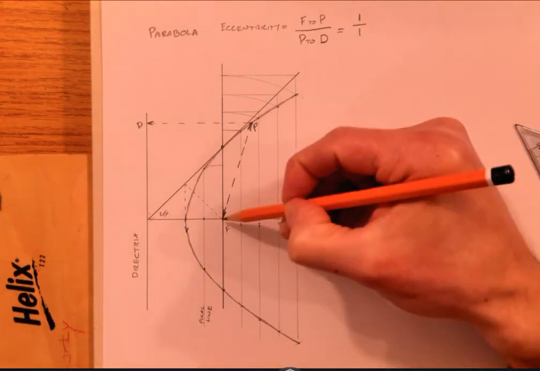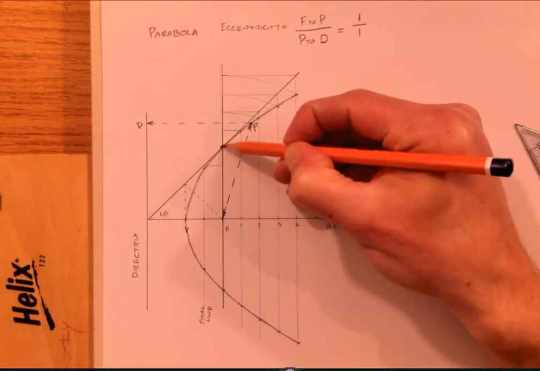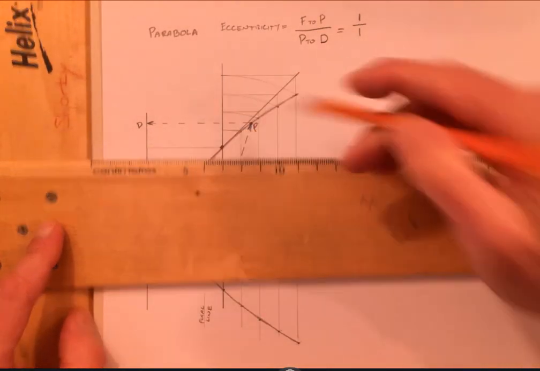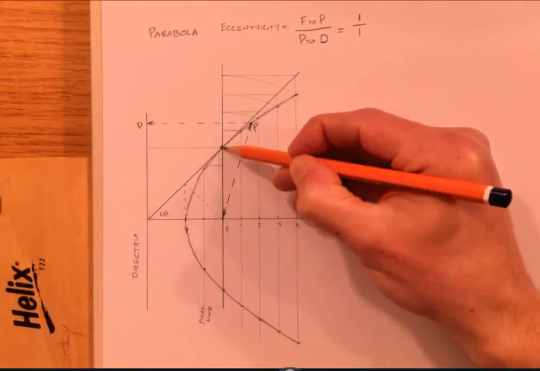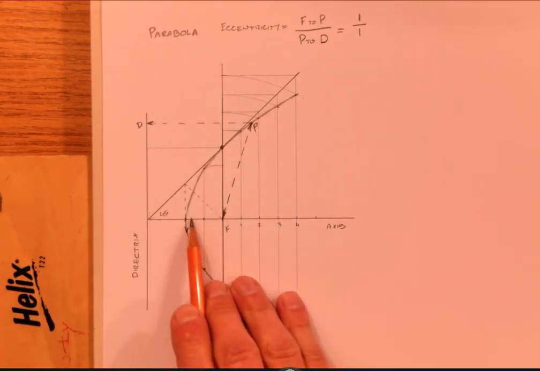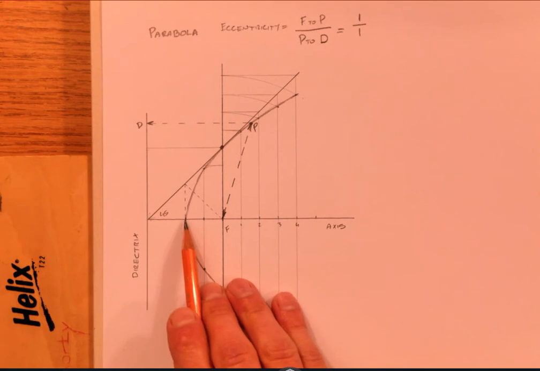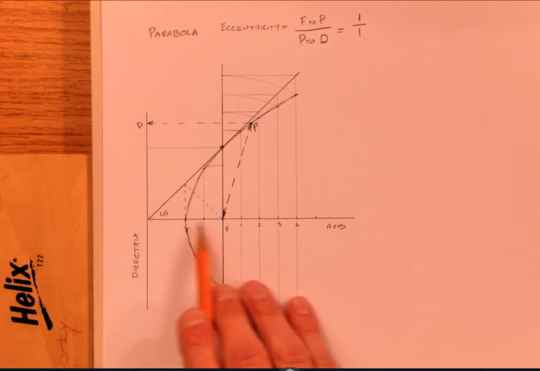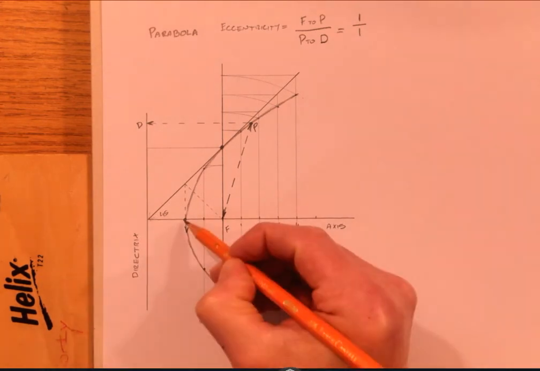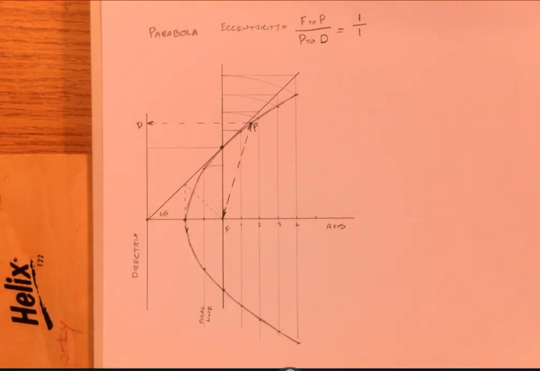If you look at the distance from the focus straight up to here, that distance is the same as this distance. So those two distances are the same. Likewise, the distance from the focus to the vertex is the same as the vertex to the directrix. So in other words, that's focus to a point on the curve to the directrix are the same as well.